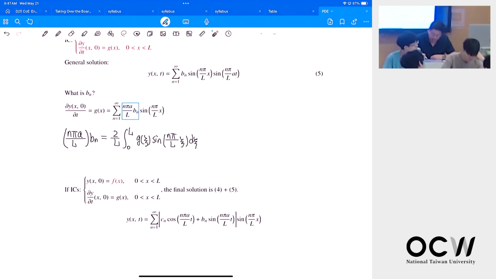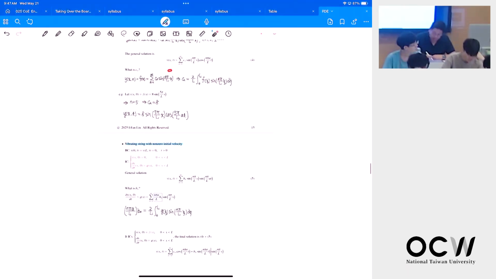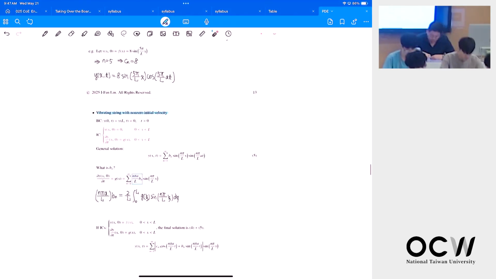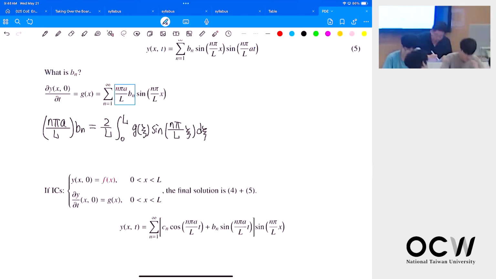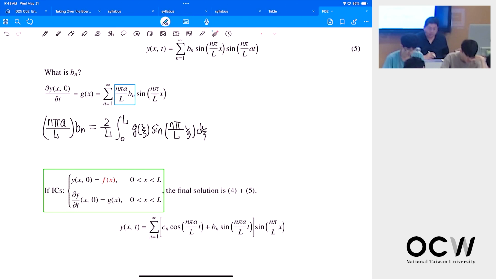The answer will be this answer plus this one, doing the linear combination. So this is the solution of equations 4 and 5. So this is another initial condition.